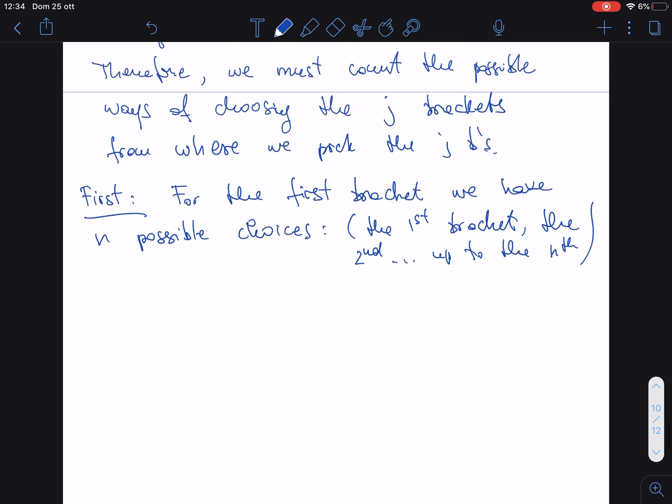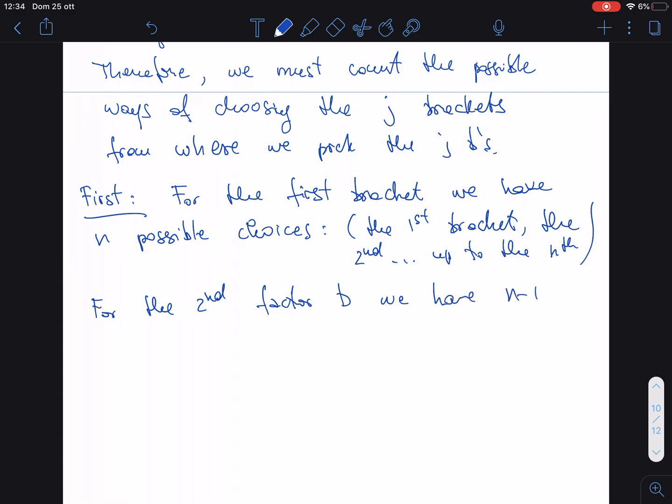So, for the second factor b, we don't have n choices because for the first choice we already burnt one bracket. So we remain with n minus 1 possible choices.